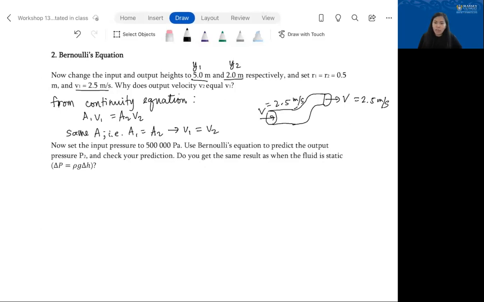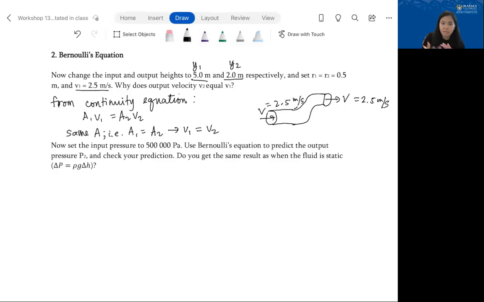So questions relating to speed will relate to the continuity equation. The speed is related to the change in the cross-sectional area of the pipe. And you don't always have to use Bernoulli's equation.